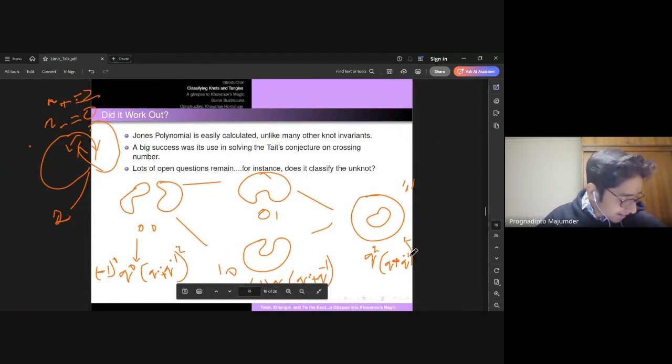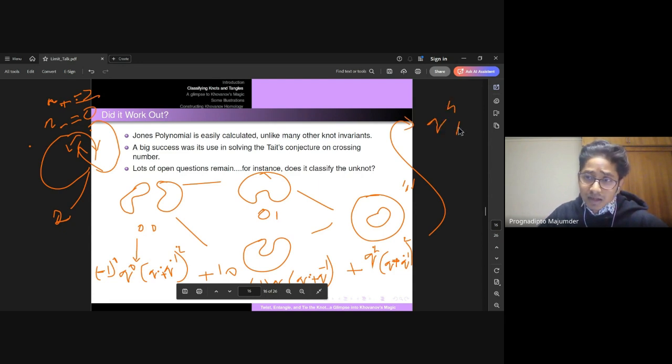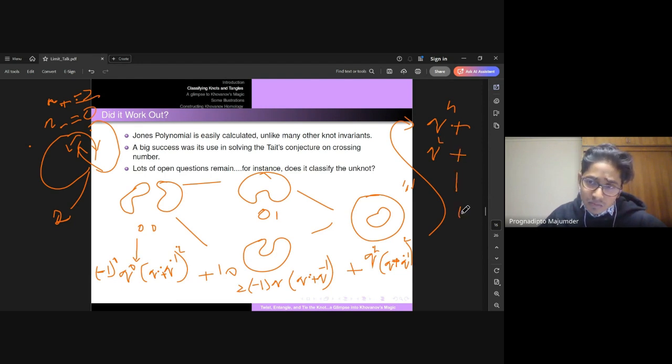This is the Kauffman bracket. You add all this up, so this is q^4 + q^2 + 1 + q^-2. Okay. So how successful was this?